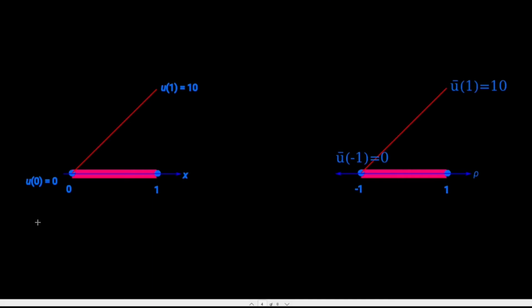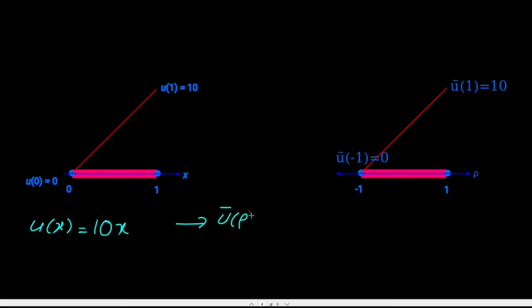I want to show you how we transform a linear function in global coordinate x into the same function in the local coordinate ρ. Say you have a function like this from 0 to 1. So u of x is 10x. Now how do we do this in the local coordinate?